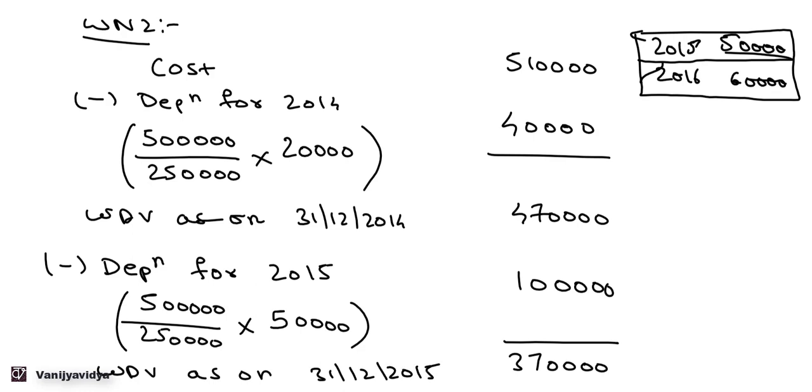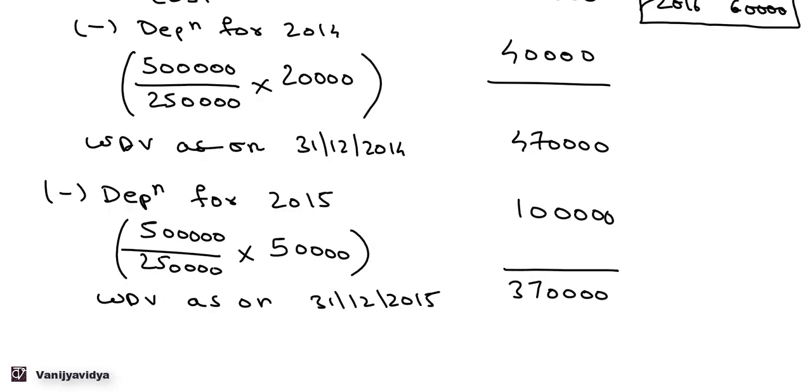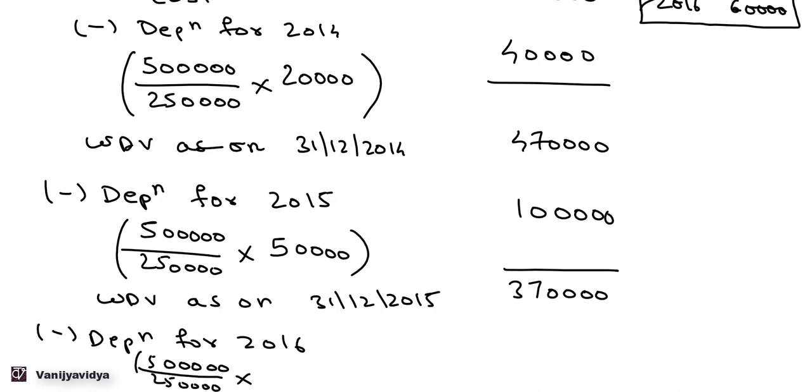Next, units produced in 2016 is 60,000. So depreciation for 2016 is 5 lakh divided by 2,50,000 into 60,000. That comes to 1,20,000. So 3,70,000 minus 1,20,000 is 2,50,000.